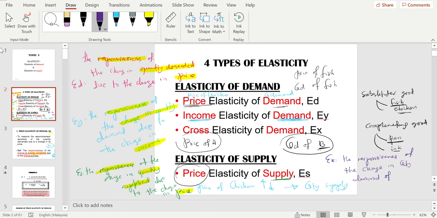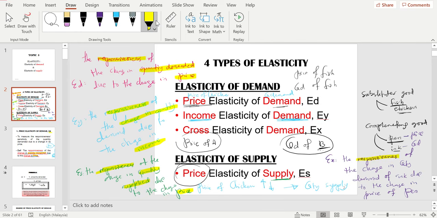For example, pen adalah price, untuk ink adalah quantity demand. Okay, quantity demand of ink due to the change in price of pen. Nampak tak? Still, the definition is the same.